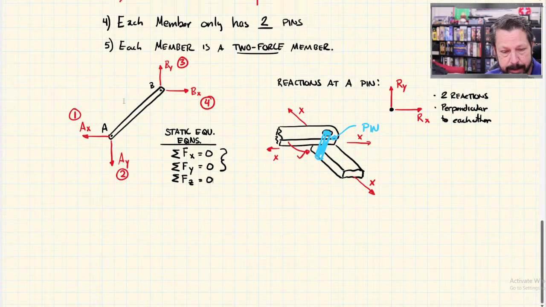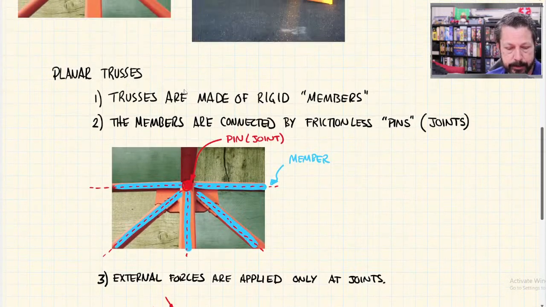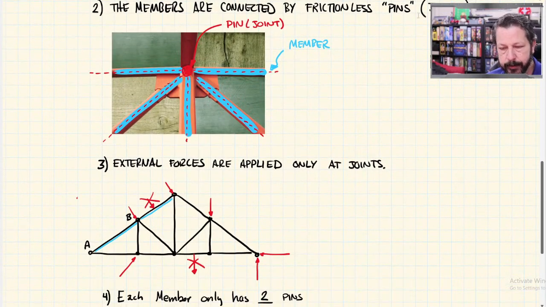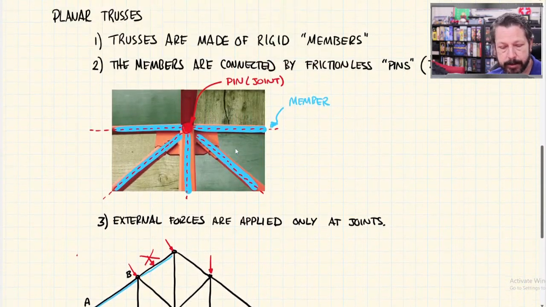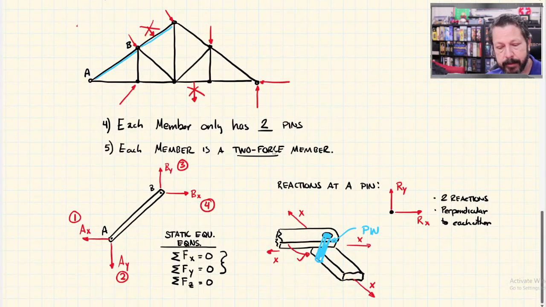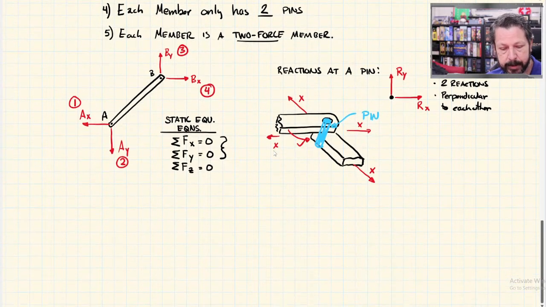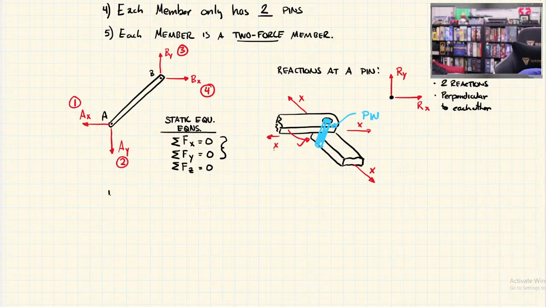So what we did is we set up a bunch of rules here: rigid members, frictionless pins, joints, two pins, and they all lead to every member in a truss, assuming it has all this to be true, being a two-force member. So instead of drawing this free body diagram, let's draw the free body diagram.